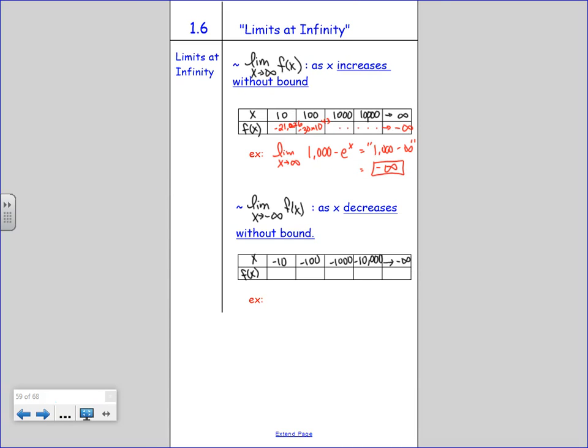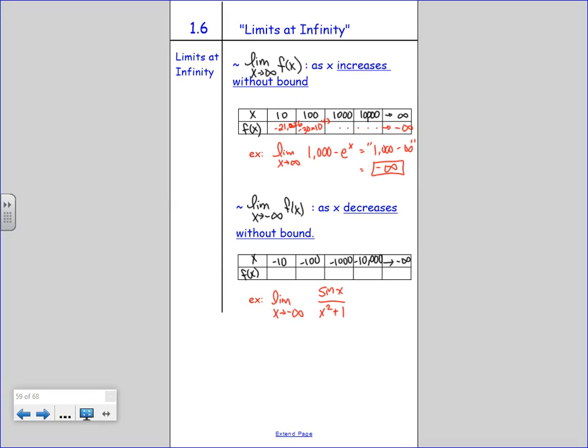Okay? Let me give you another one going to negative infinity. What if I was to give you something like the limit as x approaches negative infinity of sine of x over x squared plus 1.